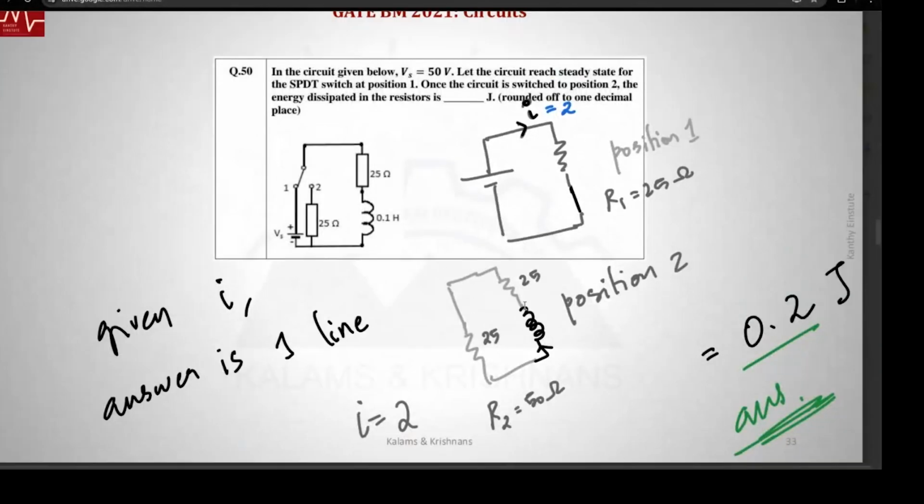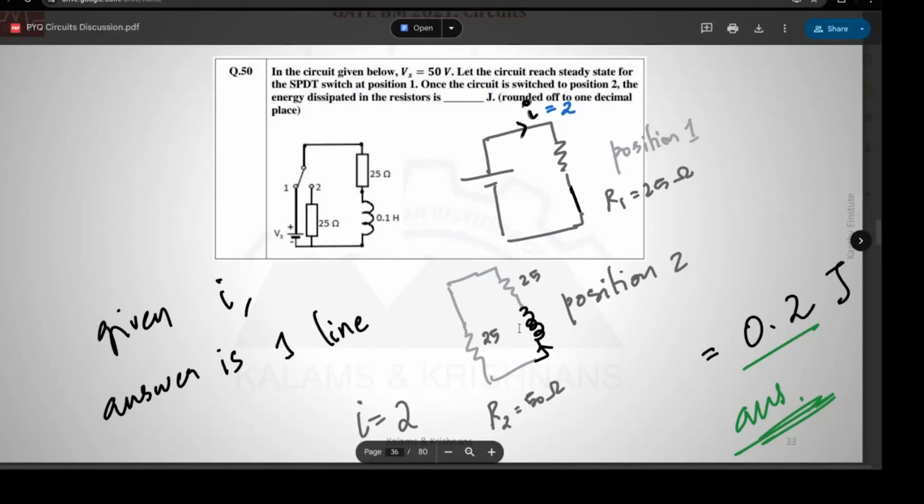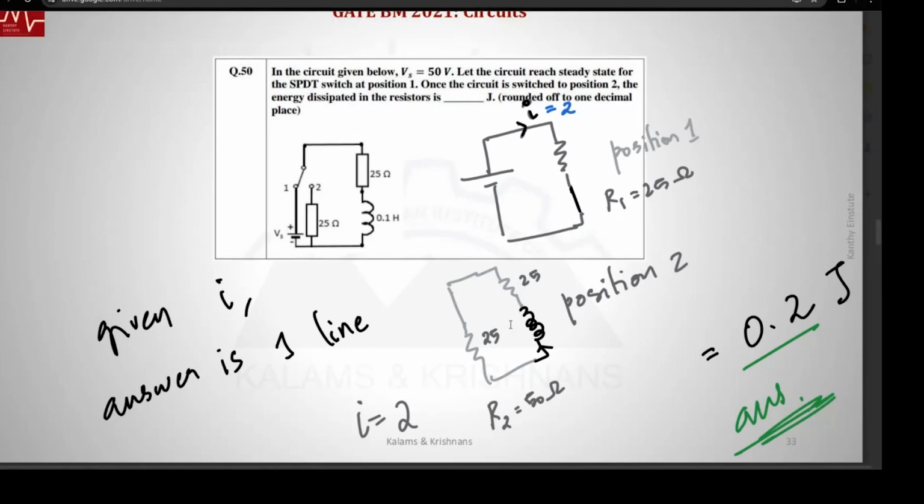The idea is, the total energy dissipated in the resistors should be equal to the initial energy stored in the inductor. The analogy I gave, which many students like: the initial energy stored in the inductor, due to a current of 2 amps, corresponds to your full tiffin box that you take to college for lunch, right?